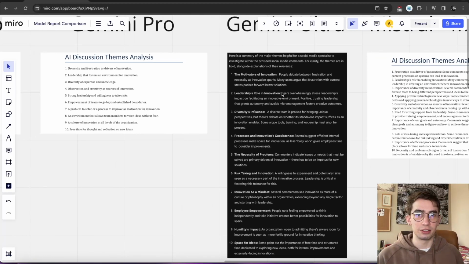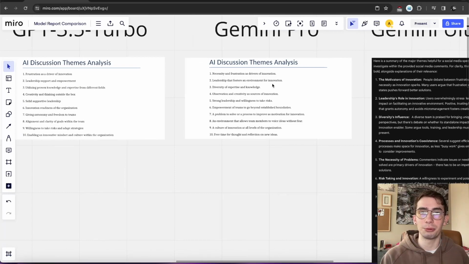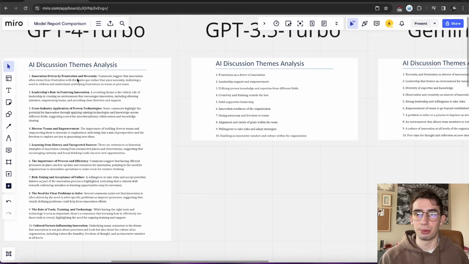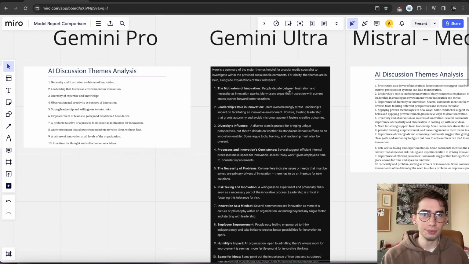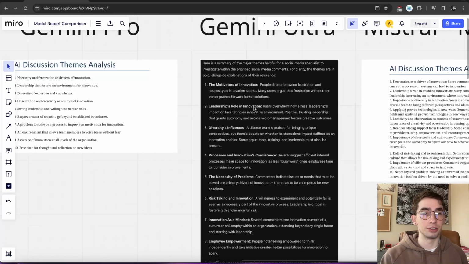So to just highlight an example from Gemini Ultra, they say that one of the discussion themes is the motivators of innovation, a little bit different from things like necessity and frustration as drivers of innovation, or innovation driven by frustration and necessity. But then within the actual description here, it says people debate between frustration and necessity as innovation sparks. Many users argue that frustration with current states pushes forward better solutions.